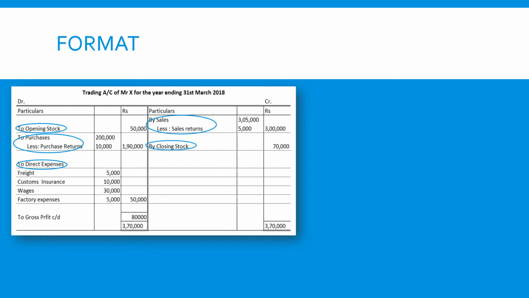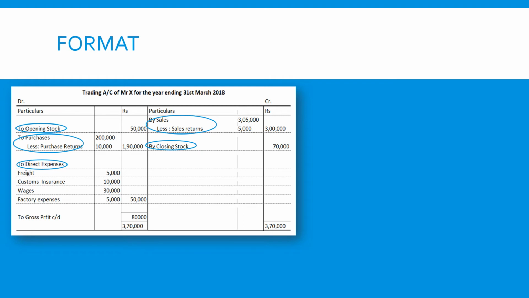Now there is this closing stock. This is one of the more important items that we must talk about in detail, but we will do that in a later part. But always keep in mind, whatever you could not sell, irrespective of whether it is finished goods, raw material or work in progress, all of that left in stock will be your closing stock.